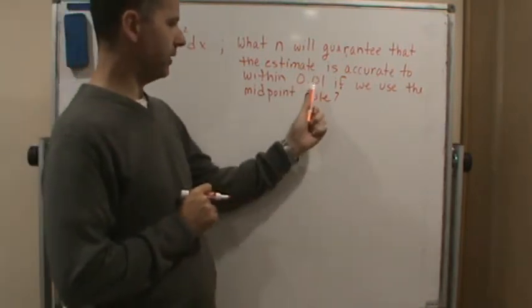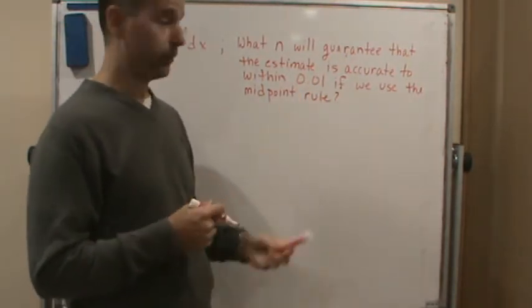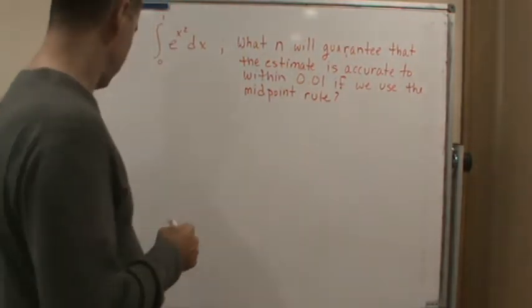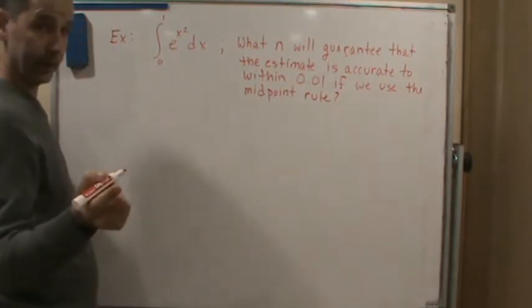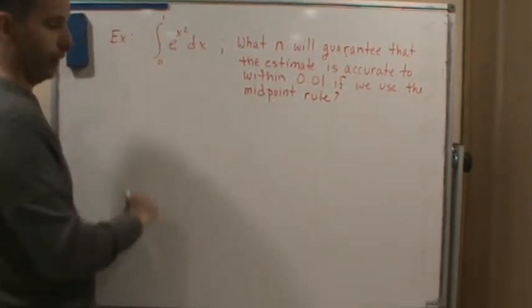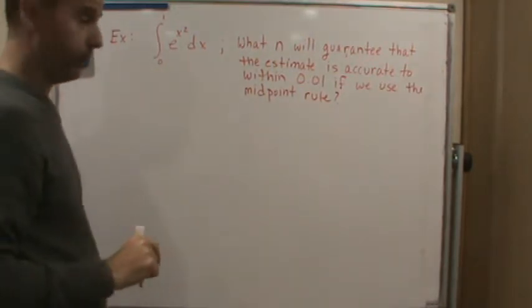This is the maximum error that we want, and we need to figure out how many subintervals will guarantee that we will be no bigger than 0.01 in error. First of all, this is continuous over the interval 0 to 1, and we need to find the second derivative.